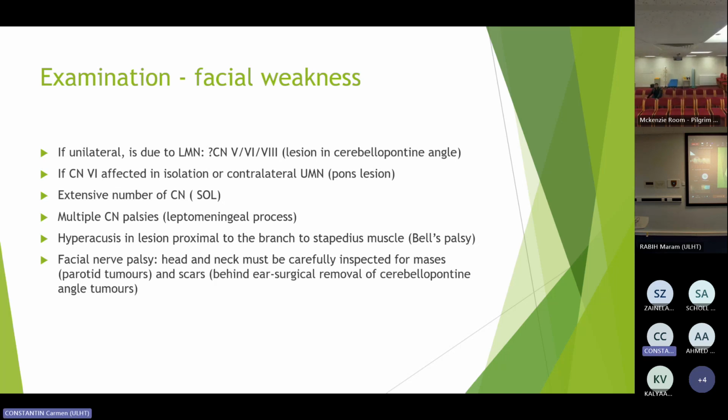Very important to remember that in facial nerve palsy, the head and neck have to be very, very carefully examined for masses, tumors, and scars, because we can have ear surgical removal or cerebellopontine angle tumors removed.